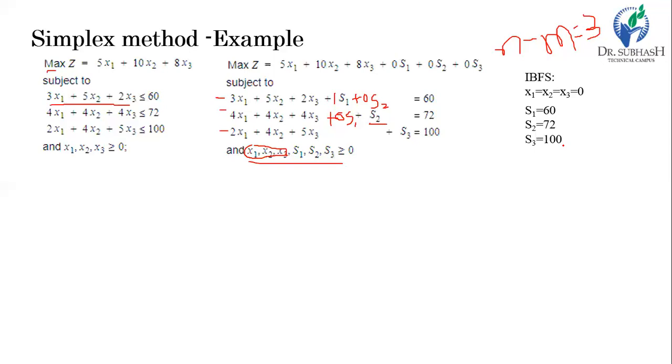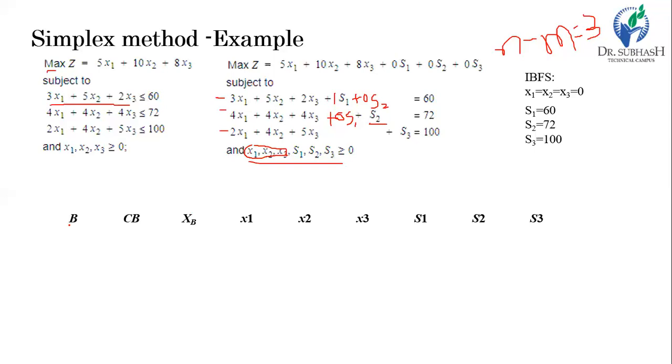In the table, first list out all the variables, whether decision, slack, or surplus variables, into one row. But keep one row blank above. Then on the left-hand side of all these constraints, we have XB, the values of the basic variables.